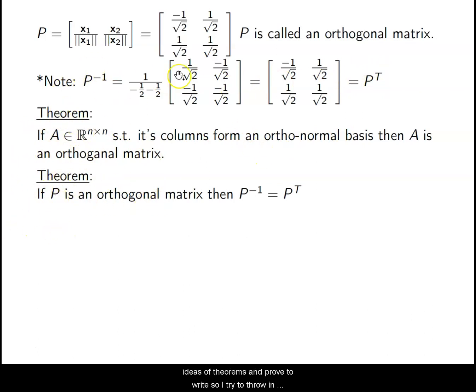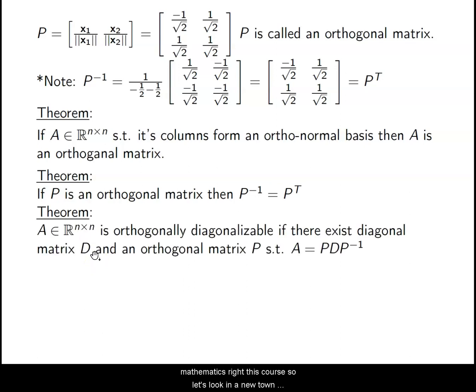So I try to throw in some concrete stuff here. But again, this is how math actually works, on a general sort of scale, okay? What you guys are used to is more arithmetic, not necessarily mathematics. So this course is like your first entrance into actual mathematics, right? So let's look at a new theorem.